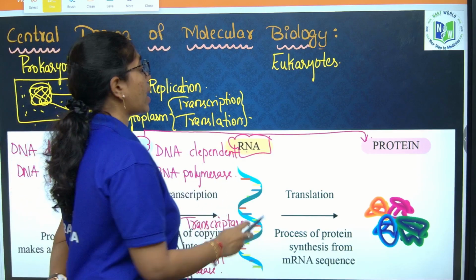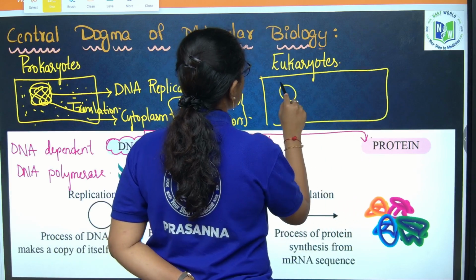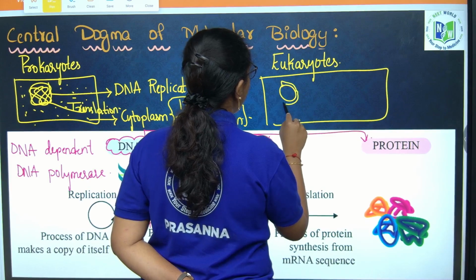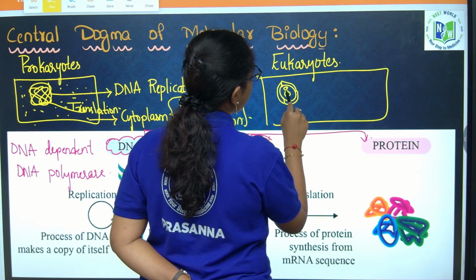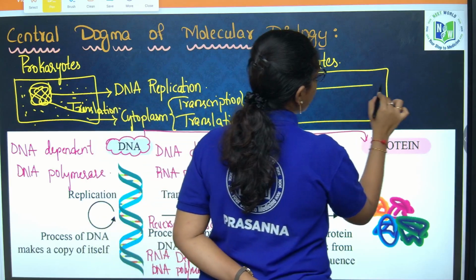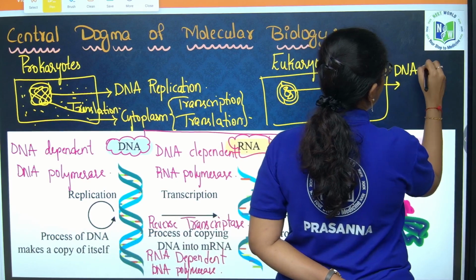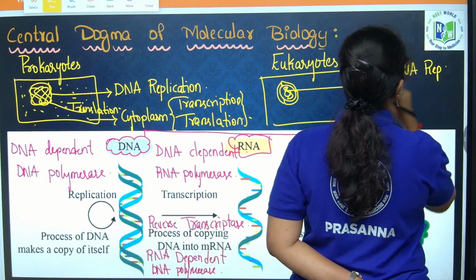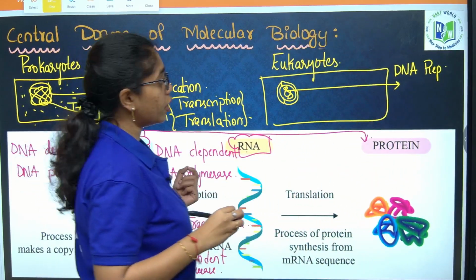If you take eukaryotes, eukaryotes have a membrane bound nucleus. Here the genetic material is inside the nucleus, and DNA replication happens inside the nucleus. mRNA synthesis also happens inside the nucleus.